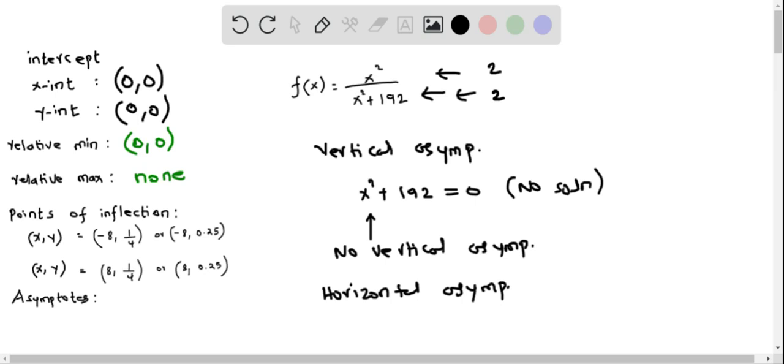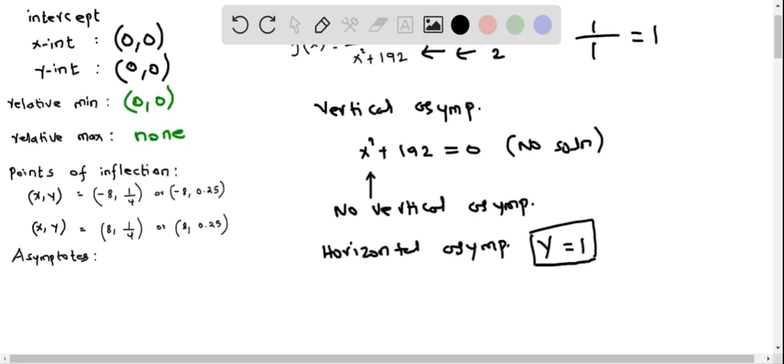The coefficient of x squared in the numerator is 1, and the coefficient of x squared in the denominator is also 1. So this becomes 1 by 1 equals 1, and so we can say that y equals 1 is the horizontal asymptote. And since we determined a horizontal asymptote, we can say that it does not have slant or oblique asymptotes. So no slant or oblique asymptotes.